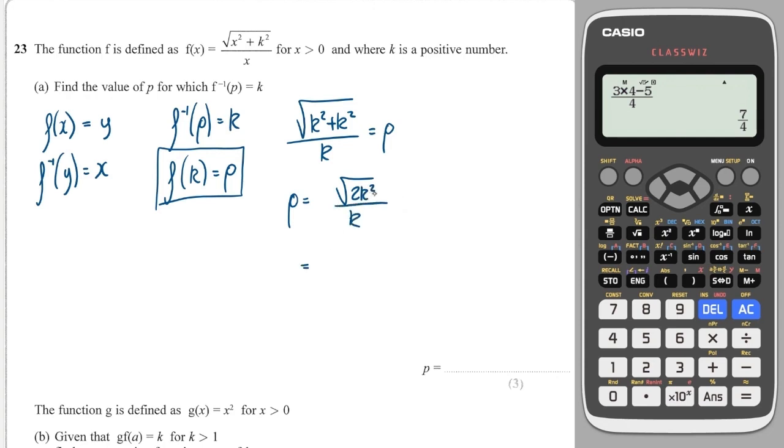And a square root like this, when I have two things multiplied together, I can split it up to write the square root of 2 multiplied by the square root of k squared. And that's going to be helpful because we have the square root of 2 and the square root of k squared is just k. And our k's will cancel, so we have that p is root 2.